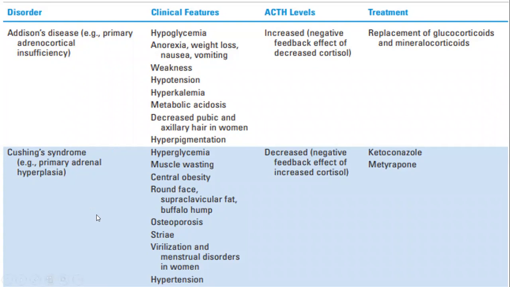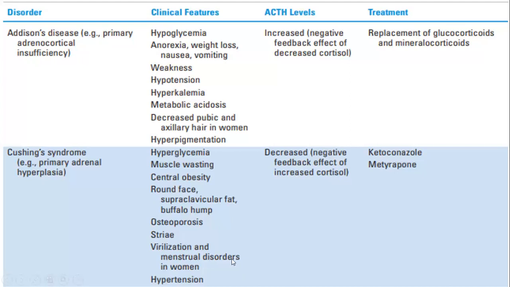So your Cushing syndrome, again an adrenocortical excess, is characterized by increased cortisol and androgen levels. Increased cortisol would mean increased glucose production, eventually leading to hyperglycemia. These increased androgens are responsible for the virilization and menstrual disorders in women.